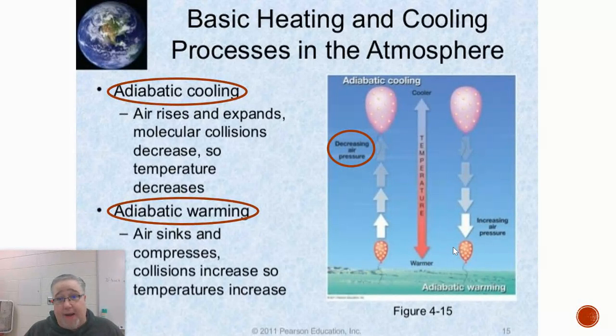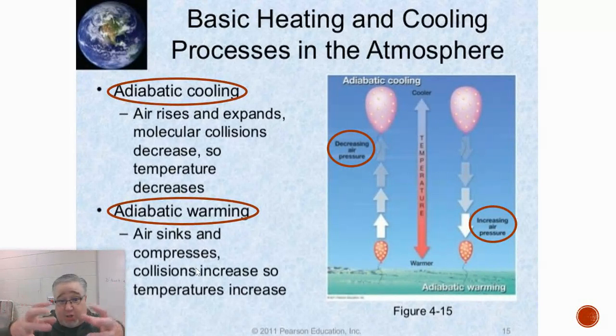We call that adiabatic warming. So when the balloon sinks, the air pressure around the balloon gets greater. The molecules get more closely squeezed together, and then the temperature of those air molecules inside the balloon is going to get a little bit warmer. So again, as the balloon sinks, it compresses.